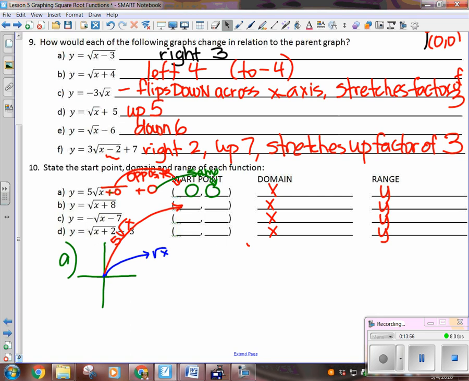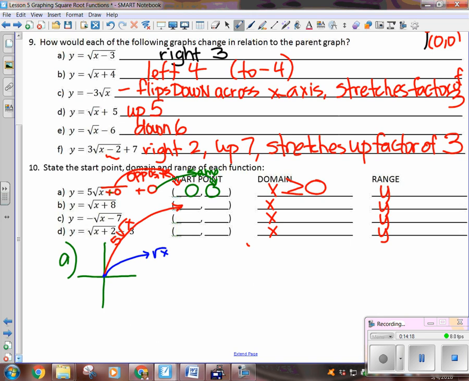What's the first x number you get to? 0. Is it greater than or less than 0? Which way does the arrow point? Greater than. X's are greater than or equal to 0. Everybody see that?